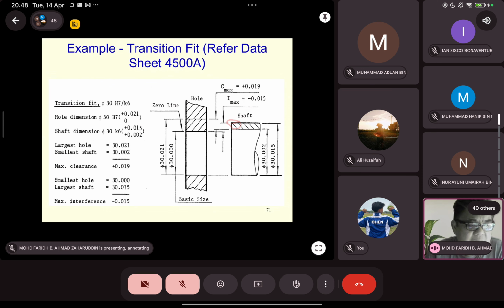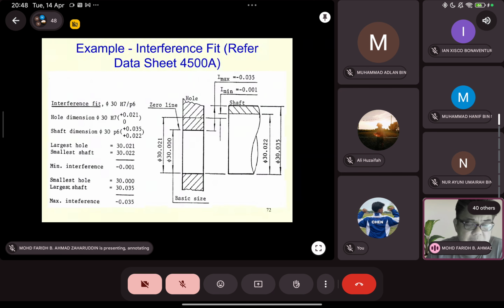That will be the maximum interference, which is minus 0.015. So based on the calculation, one will be positive, another one will be negative. So this is what we call a transition.